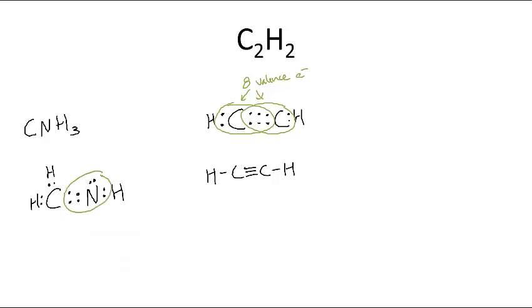Again, if you circle your center atoms, they each have 8 valence electrons. Now here, the nitrogen has a lone pair. It's not part of the bonded pair, but it still works. Your goal is to get to 8 valence electrons.